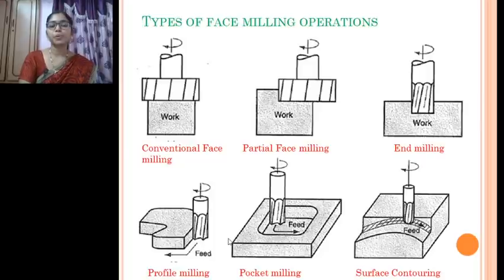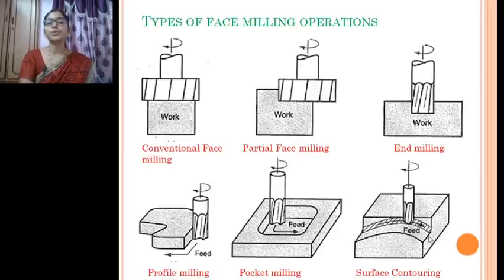The edge of the tool is a square edge. Whereas if the same thing is made of a ball shape, an end milling cutter with a ball edge, then we call it a surface contouring operation. Different surface profiles are produced by using this surface contouring operation.